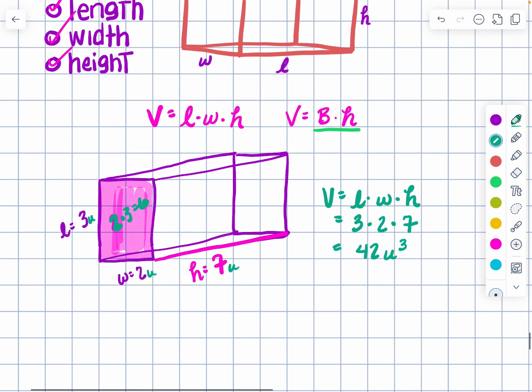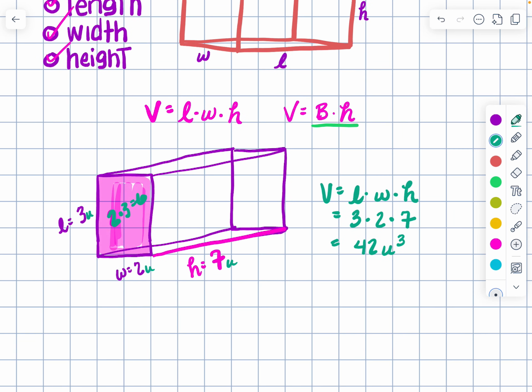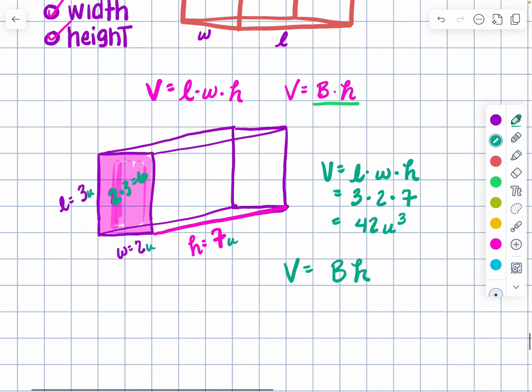Okay, now let's use this other formula. The volume is equal to the area of the base times the height. Now this is where it's really helpful to be able to draw a picture and see where these pieces are. In this case, I've already chosen the base as this 2 by 3 rectangle.